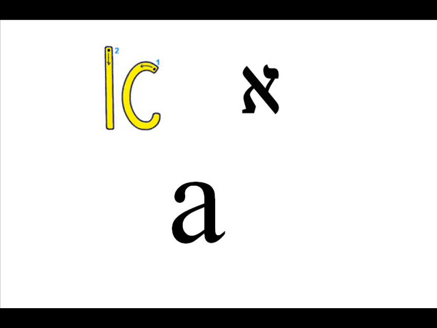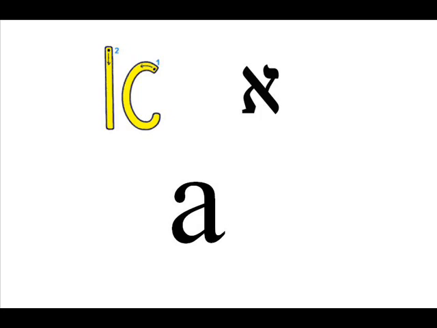For example, it can serve as a consonant if it is vocalized, and so it's pronounced A, E, O, depending on the vocalization. But it can serve as a vowel and makes the sound A. We will see that after.